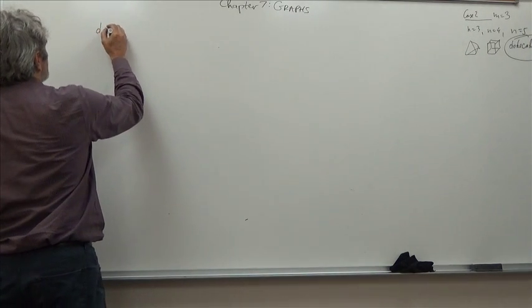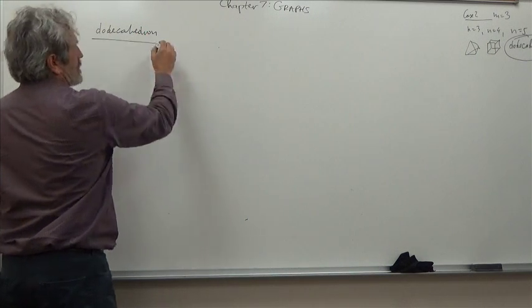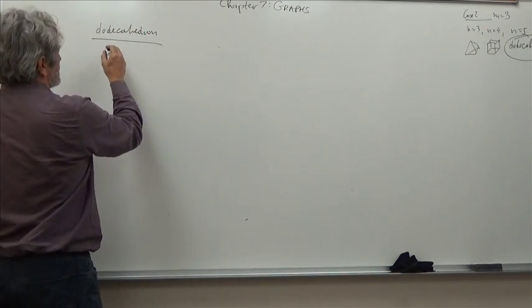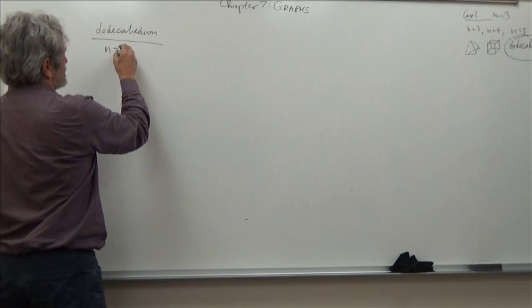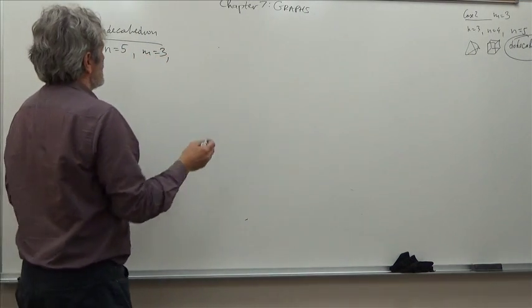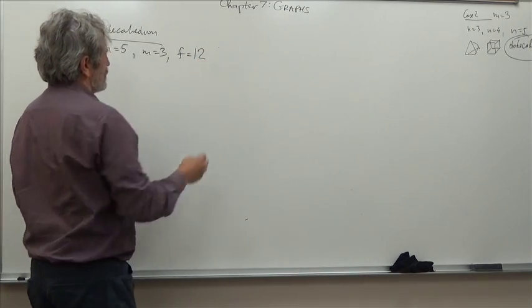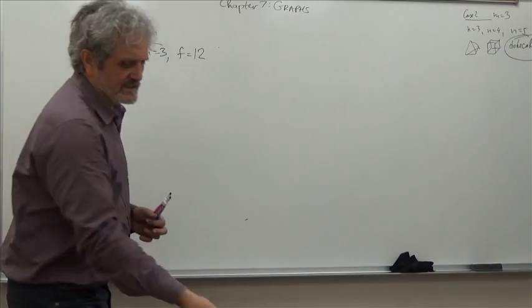What did we have there? It has pentagons, n equals 5, 3 of them are meeting, and then if you calculate the number of faces according to that formula, we'll get 12 faces.